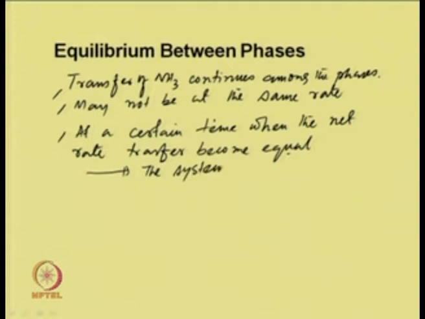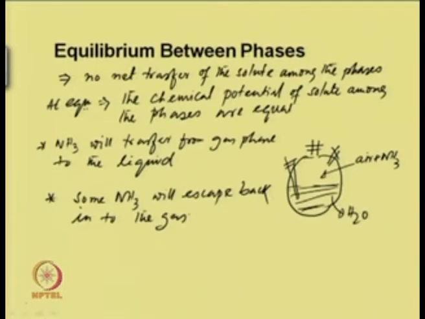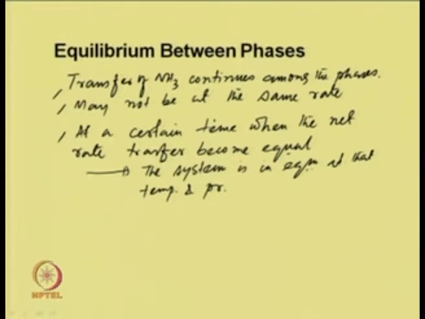The system is in equilibrium at that temperature and pressure. So, if we take a small sample, a liquid sample we can collect from here and a gas sample we can collect from here, and we can analyze their concentrations in both the gas phase and the liquid phase.